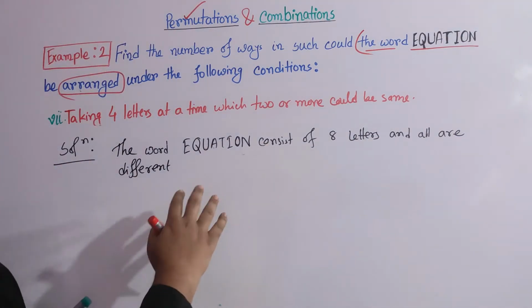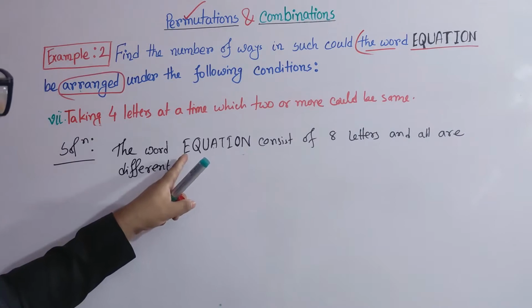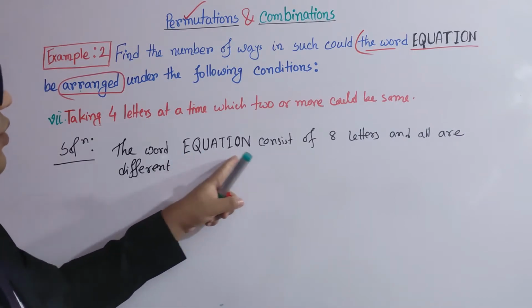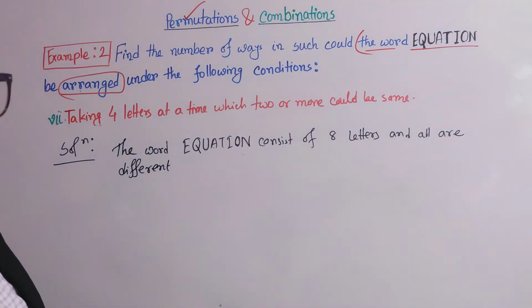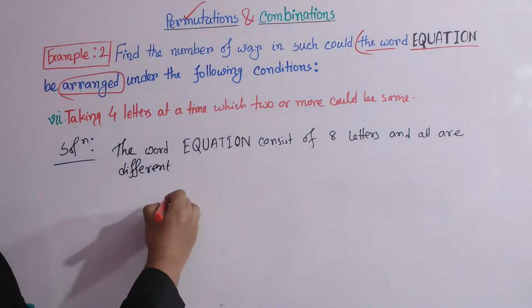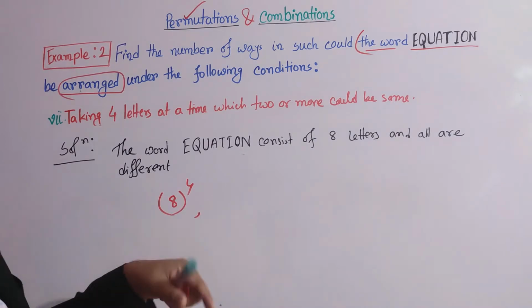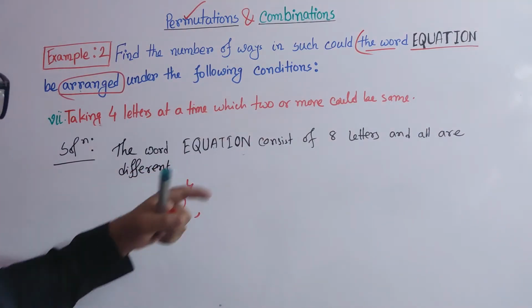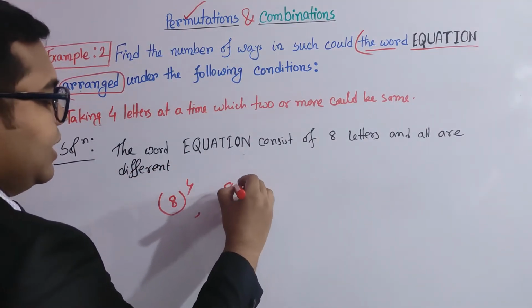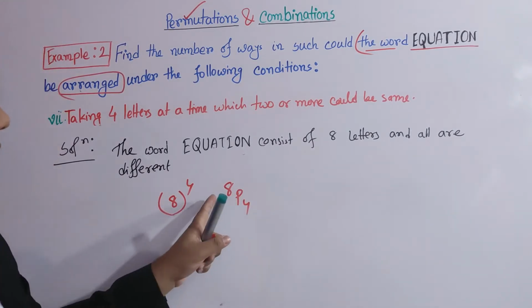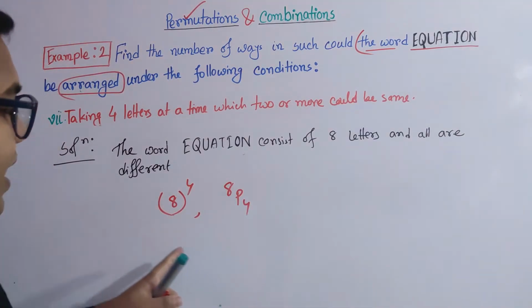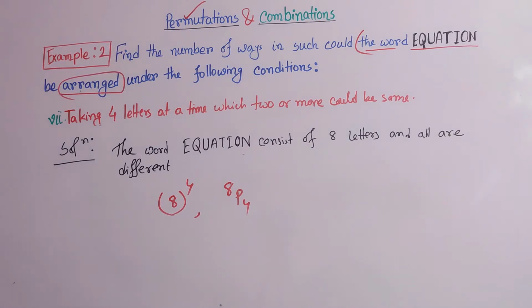Then we first have to find how many ways there are involving repetition. When I was talking about that, it was 8 to the power 4, and we have also found that there are a total of 8 letters, and from 8 if we take 4, then it will be 8P4, and if we subtract both of them, then we'll get our answer.